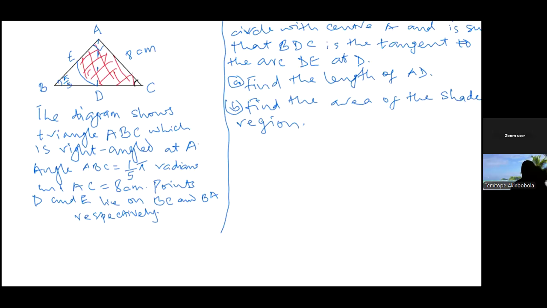So I can say that angle ABC plus angle BAC plus angle ACB equals pi. Now, pi is equivalent to 180.